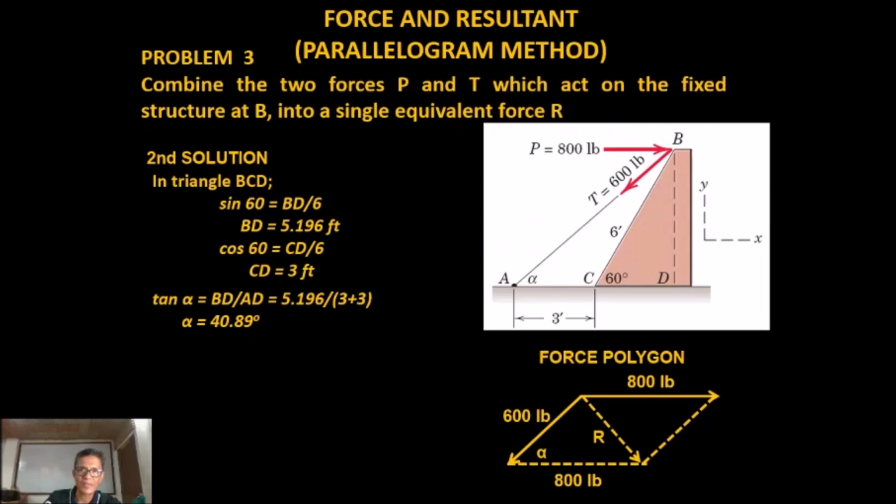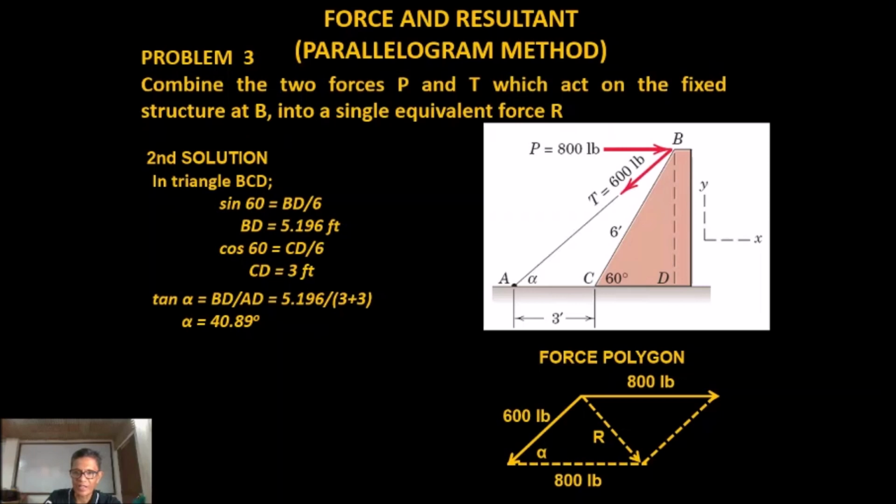Now then, since we are using the parallelogram method, we are going to combine the parallelogram law and the triangle rule. Let's draw the force polygon by starting with 800 pounds directed to the right, then 600 pounds directed to the left downward.